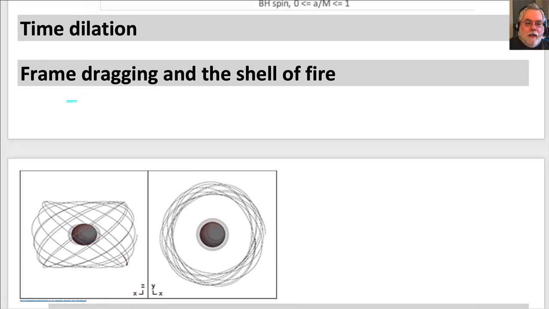Frame dragging and the shell of fire. The rotating black hole drags spacetime in its rotation direction. This is called frame dragging. This is strong near the event horizon and falls rapidly with distance.